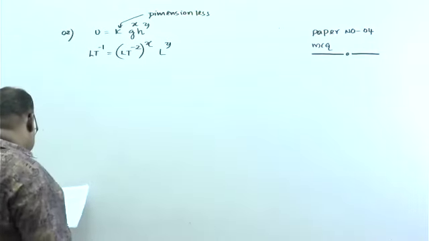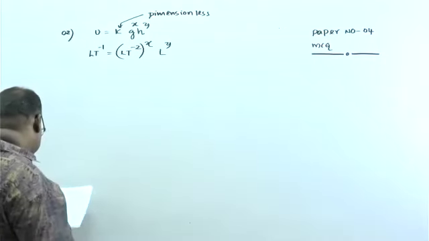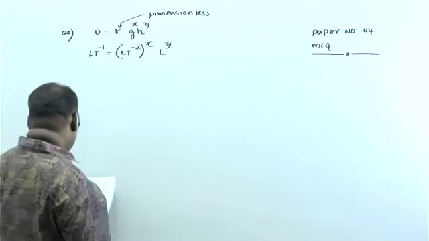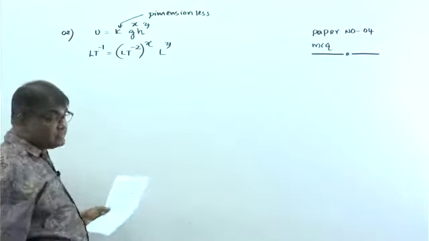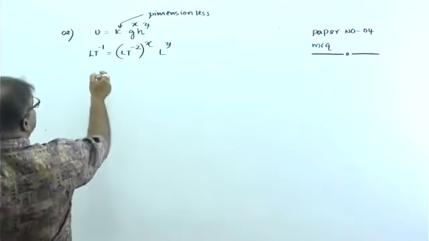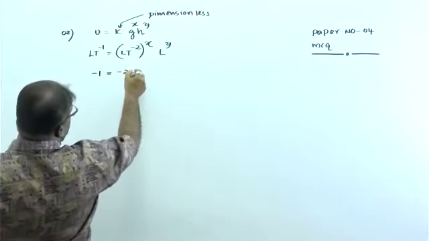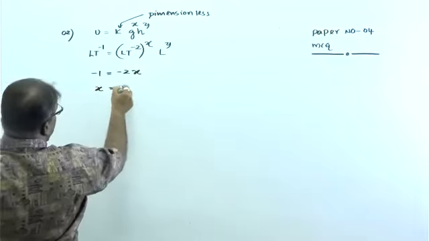Height is L, to the power of Y. Then X and Y respectively. Then comparing T, T to the power minus 1 equals minus 2X, so X becomes half.